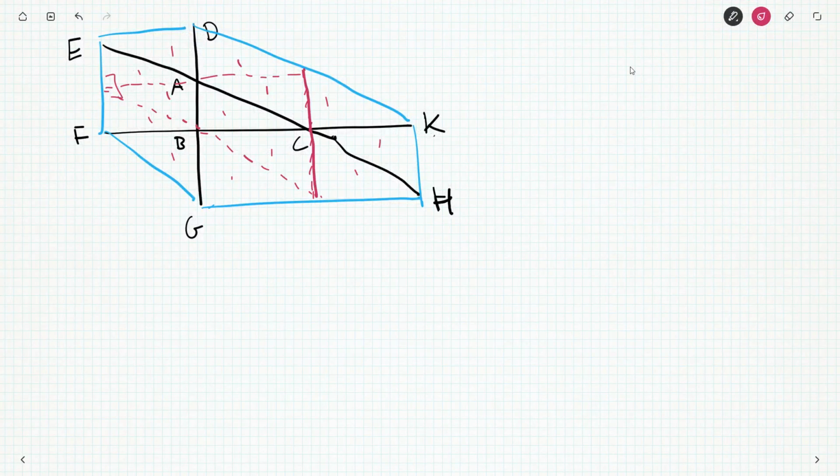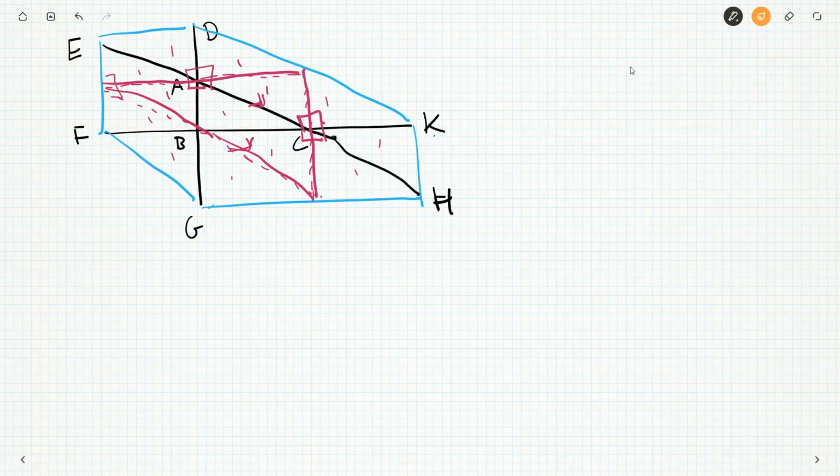I want the line going through C that's perpendicular to BK, so it'll be perpendicular here. So I get some right angles here. And I want this line going through perpendicular there. And I want this line to be parallel to this line. I think that should be enough information.